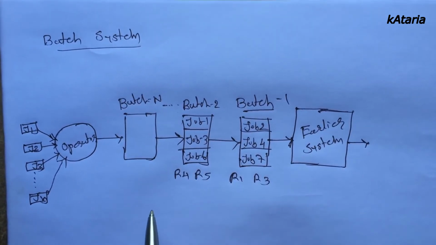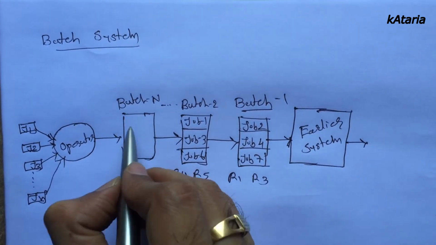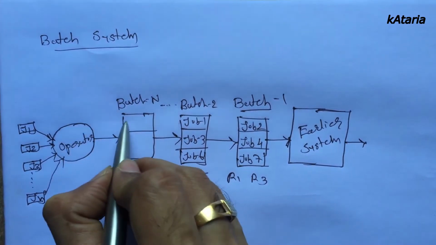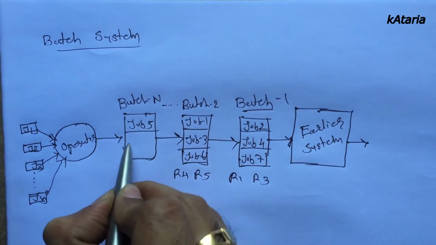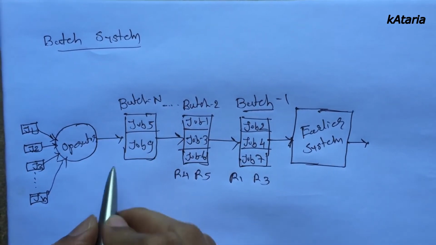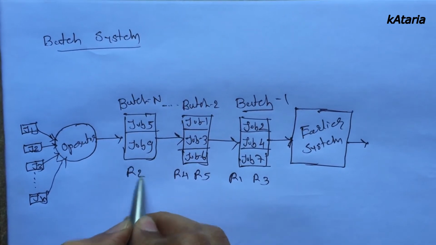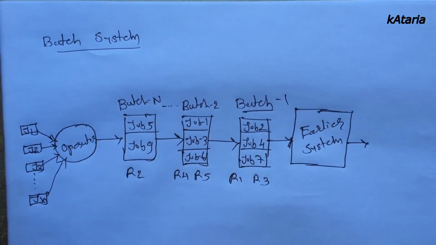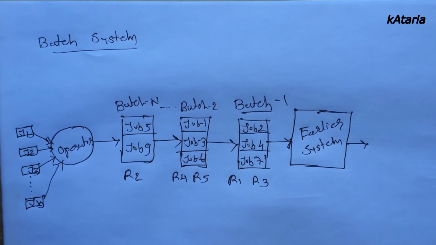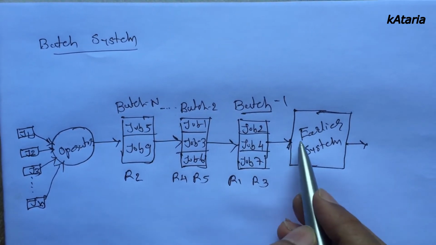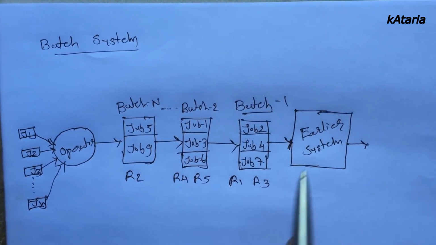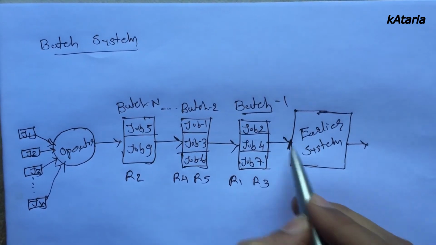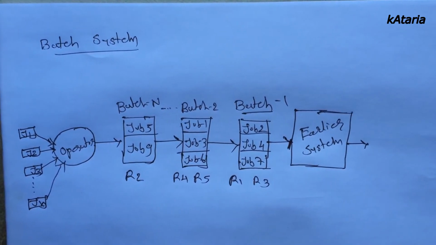So the operator will put these jobs in a different batch. Same thing, there are job 5 and job 9 which require resource R2. So the operator will put these jobs into a single batch, and this batch is going to be the input of the earlier system.